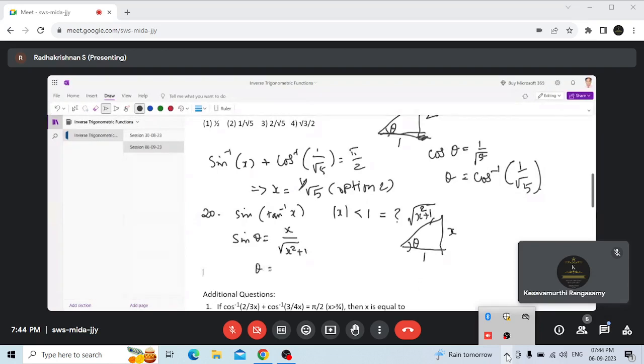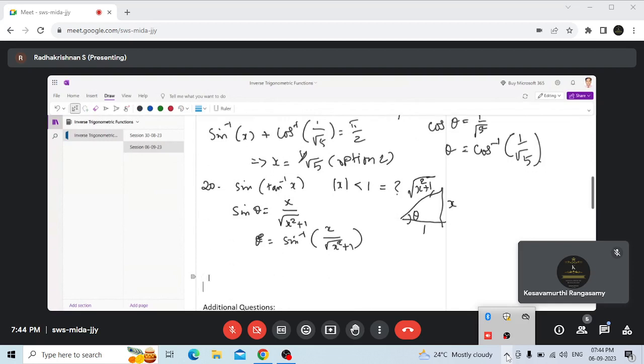So theta equal to sine inverse of that. Right? Theta is the same as tan inverse x. So instead of tan inverse x, you can put sine inverse of this.